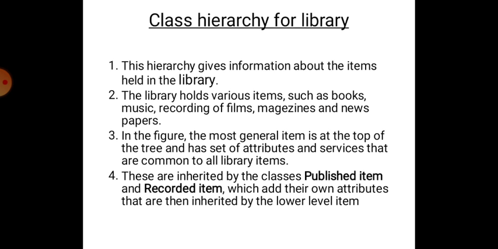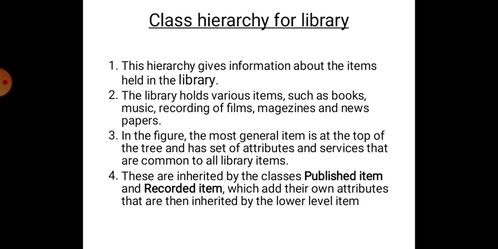In the figure, point number 3, the most general item is at the top of the tree and has a set of attributes and services that are common to all the library items. Point number 4. These are inherited by the classes published item and recorded item.